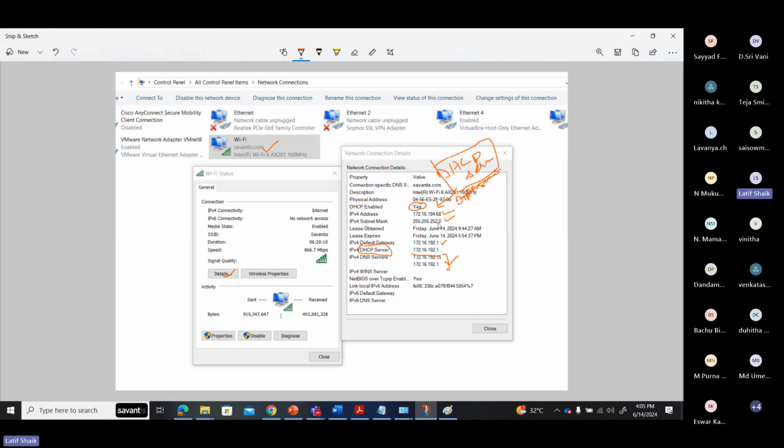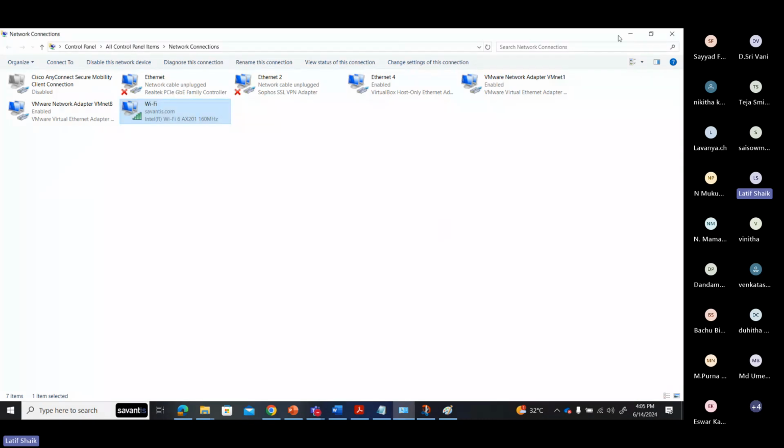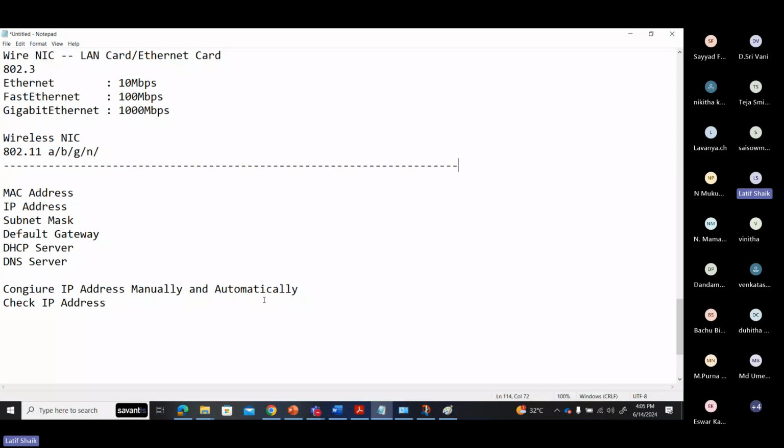So DHCP enabled yes, and if you see the DHCP server address, it means you got an IP address from the DHCP server. Who is your DHCP server? This is your DHCP server. Guys, understand how to configure our adapter to get an IP address from the DHCP server.